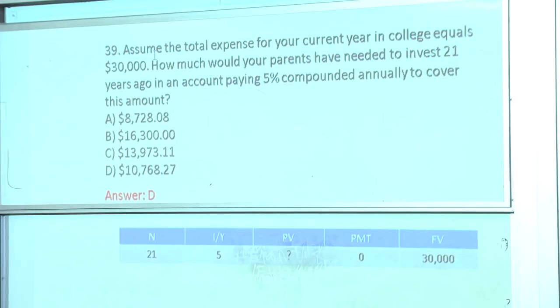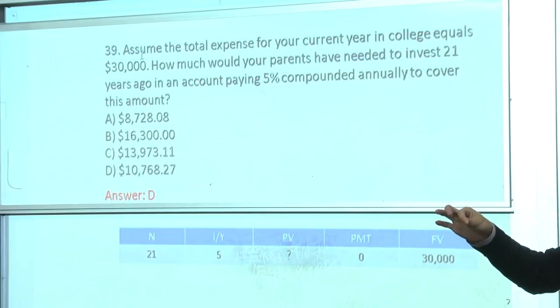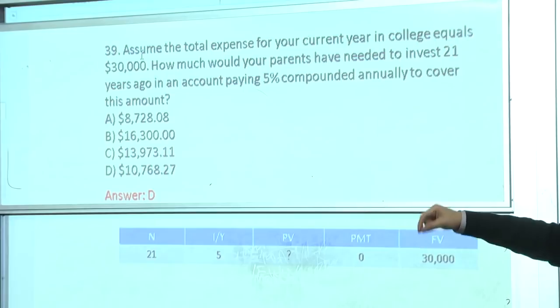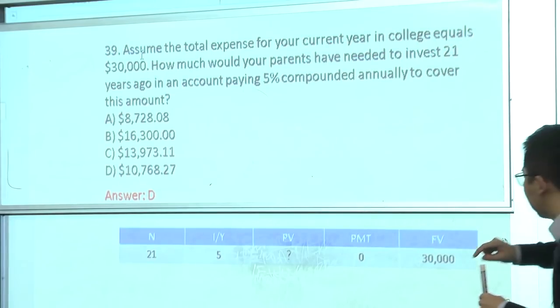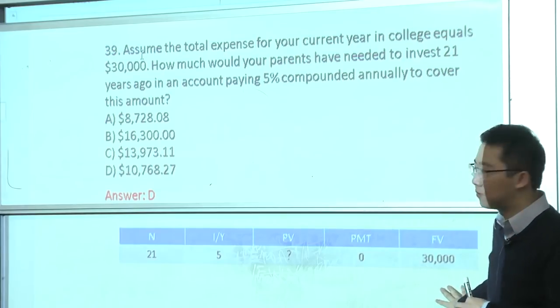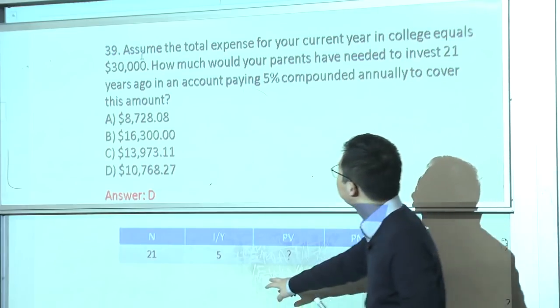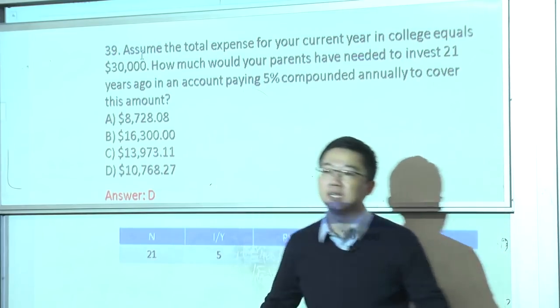So you need $30,000, and your parents make a deposit 21 years ago. Even though it says as of today, that $30,000 is a future value as of the actual day when you make the investment. 5% interest rate and 21 years.